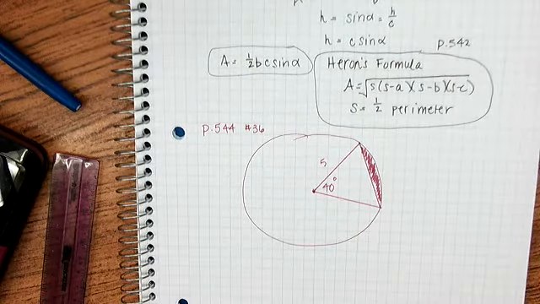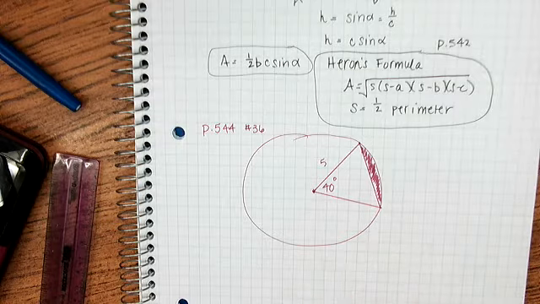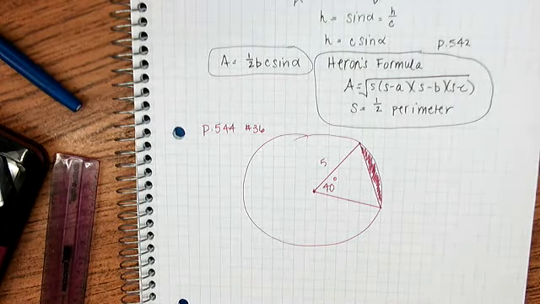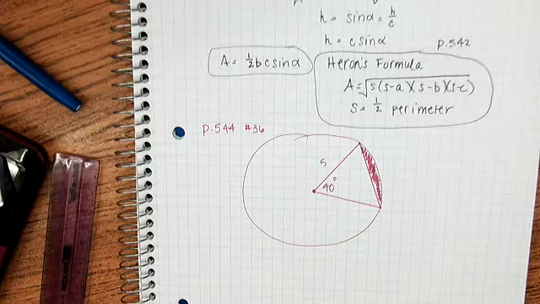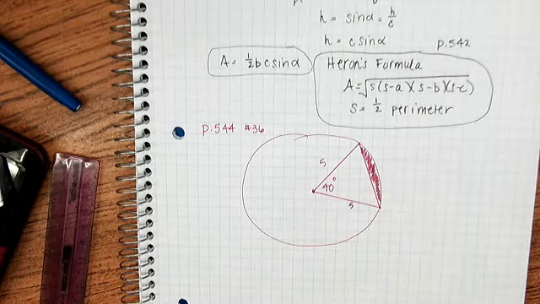So first, let's find the area of the whole sector, and then we will subtract the area of the triangle. So this is also 5.